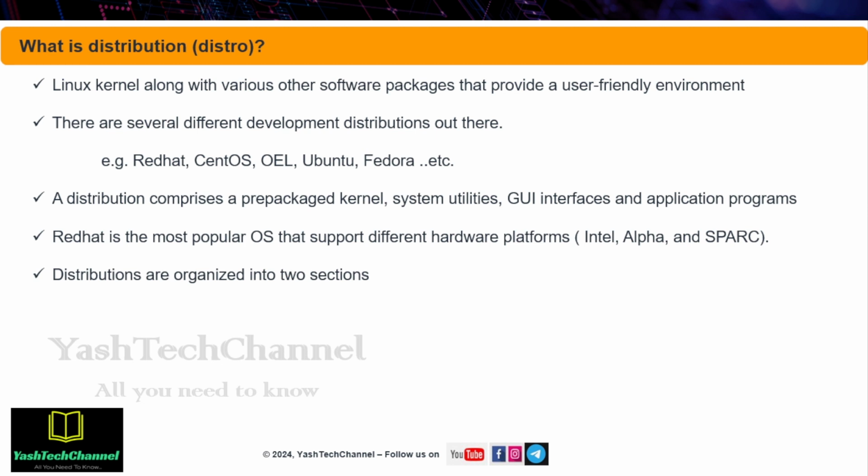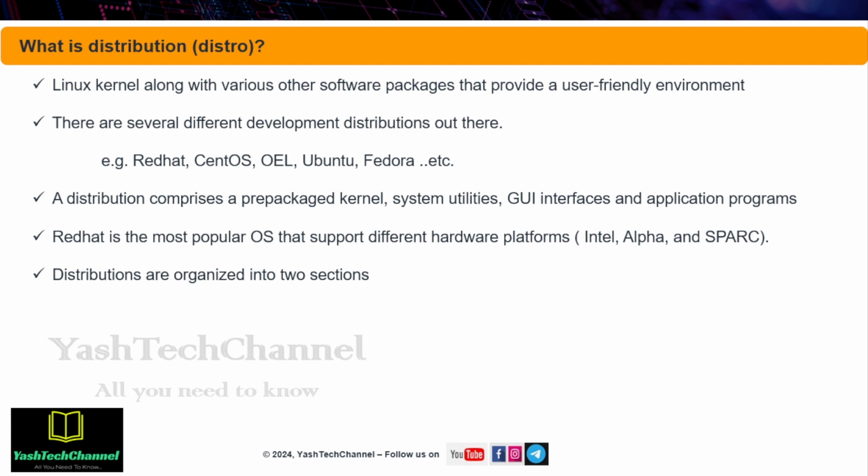So when we talk about distribution, right? The distribution further is organized into two sections based on their package management. When I say package management, it's nothing but how the packages are going to be installed on the operating system.